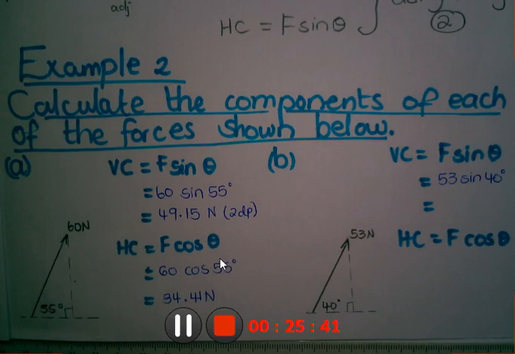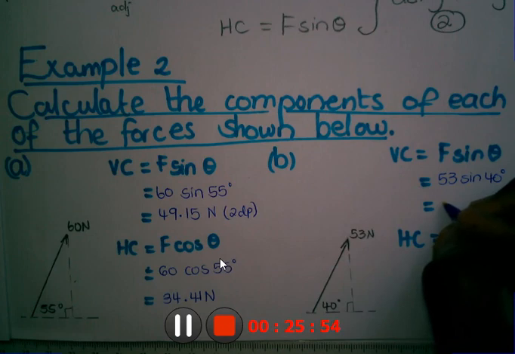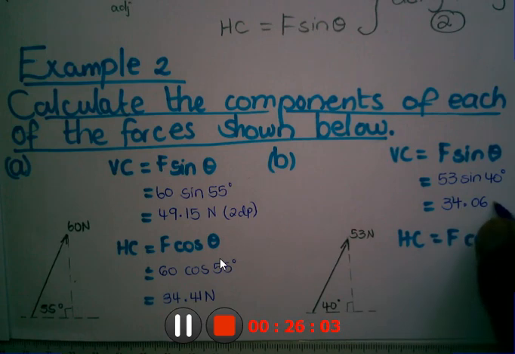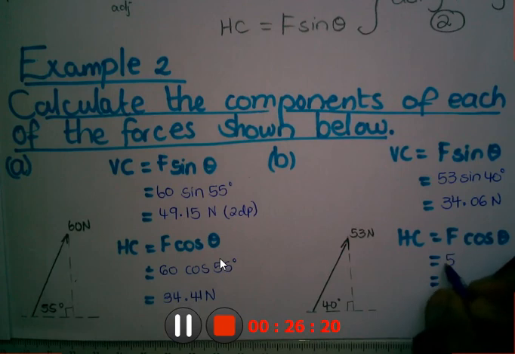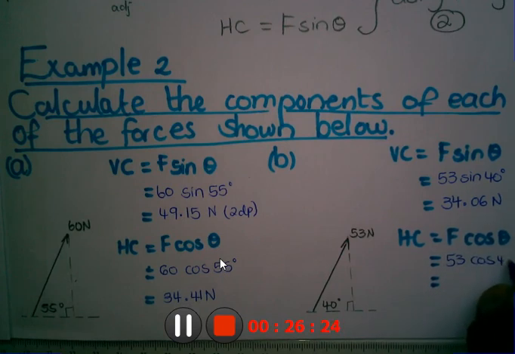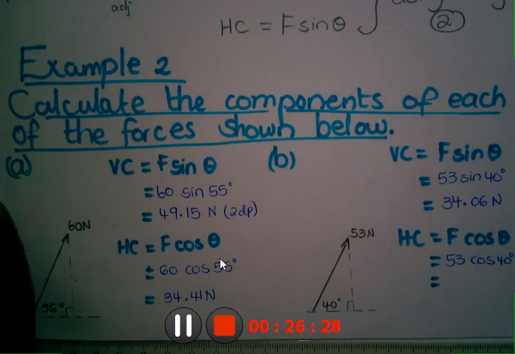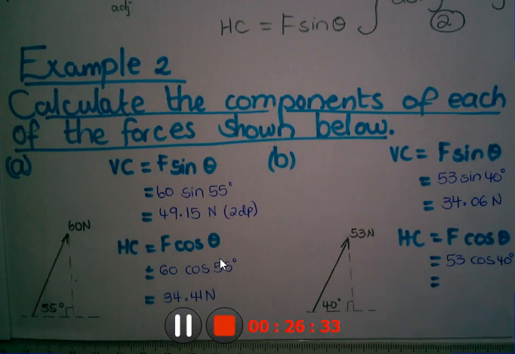So it's 53 sin 40, and this is 34.06. And then our HC will be 53 cos 40 degrees, and that will give us 40.6 newtons.